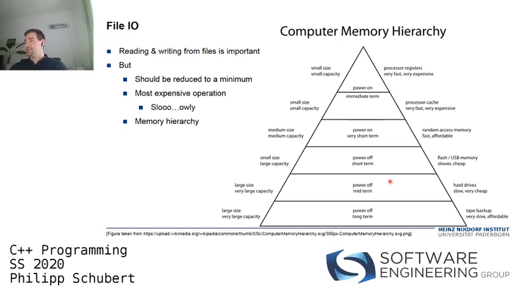The next thing that you can have is flash memory, USB memory, which is really slow again compared to random access memory. It's dirt cheap by now, so you can store some larger data in those kinds of memories, and it keeps the memory even if you turn the power off.